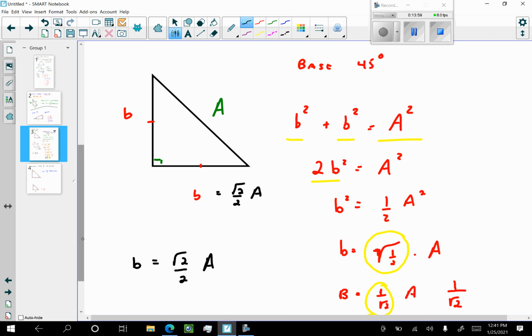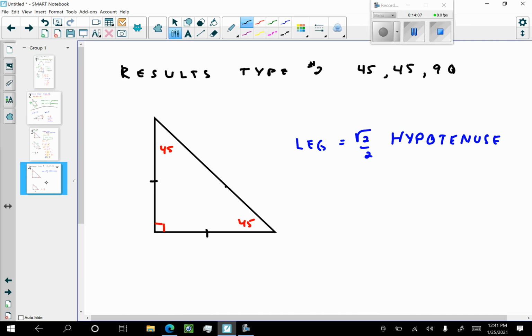That's what b is. So that's a pretty darn easy property. If I have an isosceles right triangle, a leg is square root of 2 over 2 times the hypotenuse, and that's the result of type 2, 45, 45, 90. It doesn't matter what the hypotenuse is. Say it's K. Then this guy here is square root of 2 over 2 times K, and so is this guy.